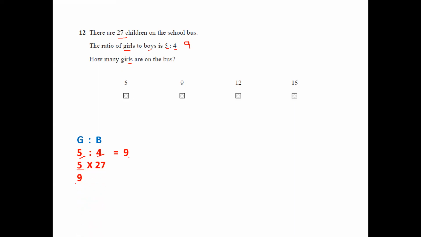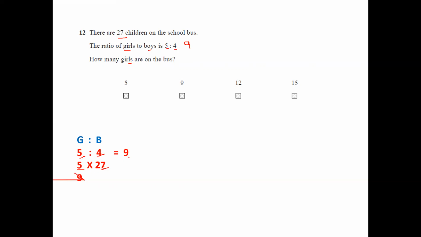So if there are 9 children in the bus, out of that 9, 5 are girls. So if there are 27 children, how many girls are there? So this is the calculation you have to do.